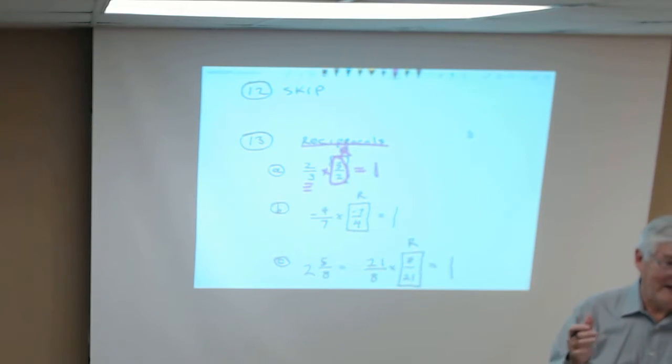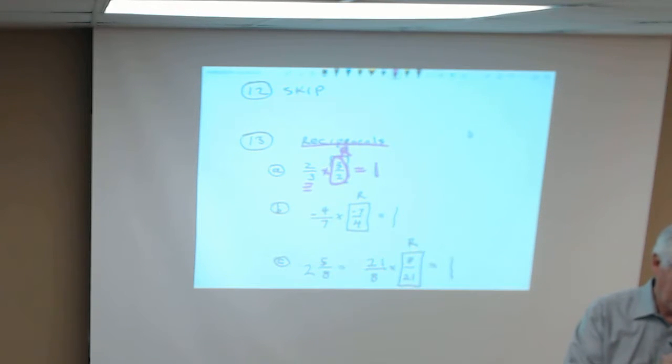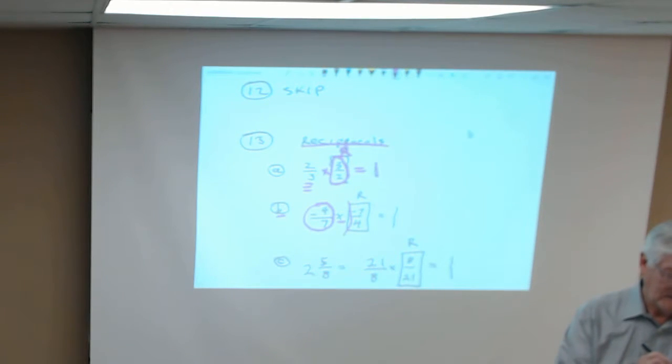Well, it's not exactly that, but that's close. So 3 over 2 is the reciprocal. For B, here's negative 4/7 times what would equal 1? Has to be a negative and then 7 over 4. And that's called the reciprocal.